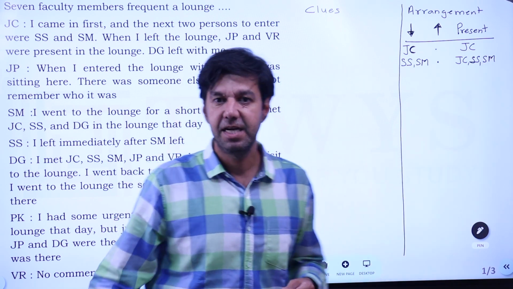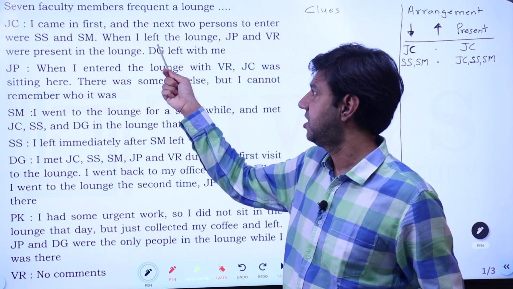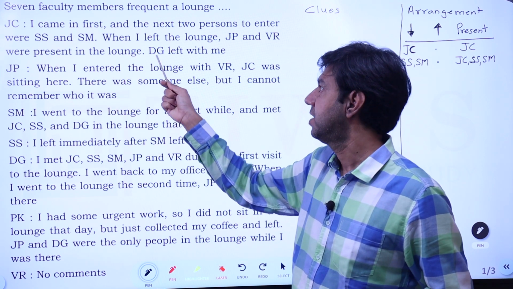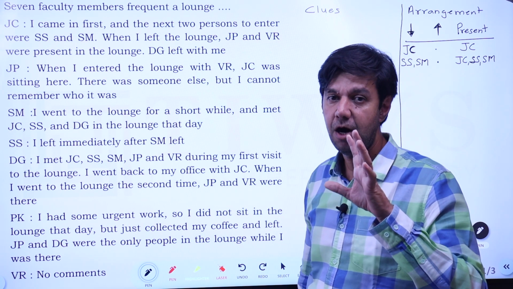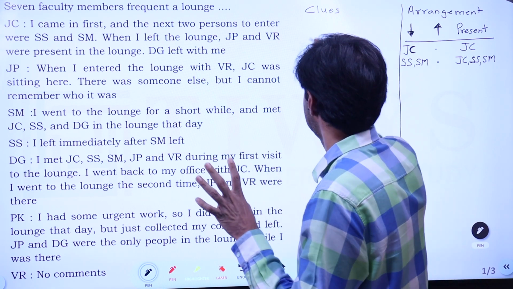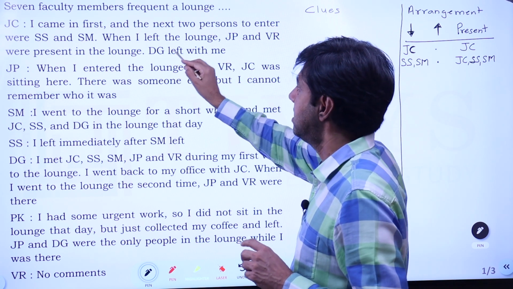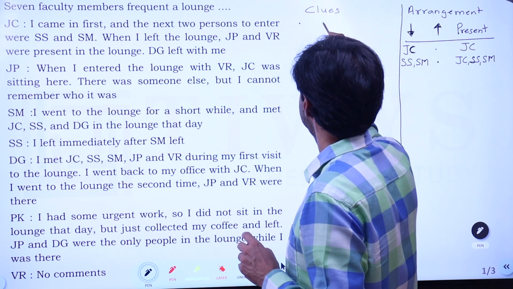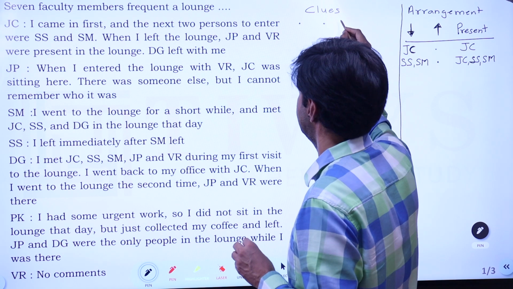Okay, let's read ahead. When I left, that is when JC left, JP and VR were present in the lounge. DG left with me. So this is the part that I was saying, how do we represent it? It's talking about an exit event and who are present. So just before the exit event, I'll put a dot in the entry column, a dot in the exit column, and who are present over there.